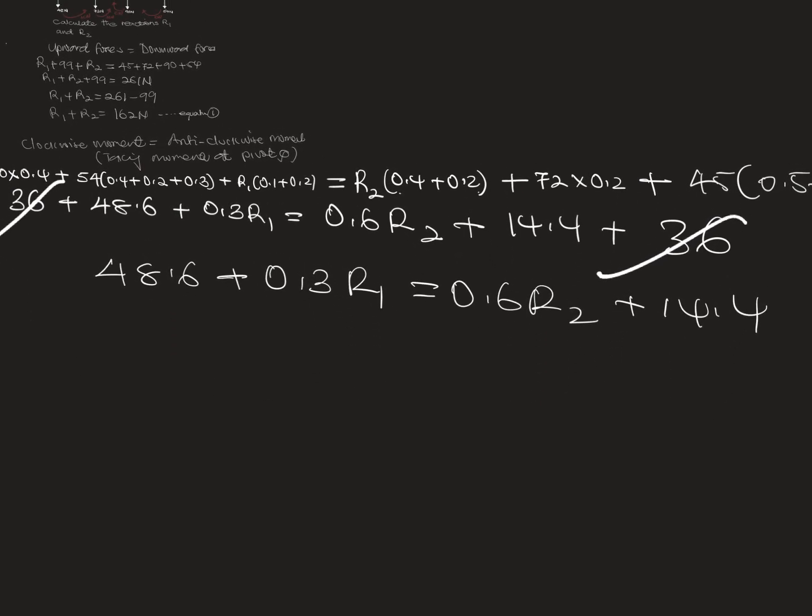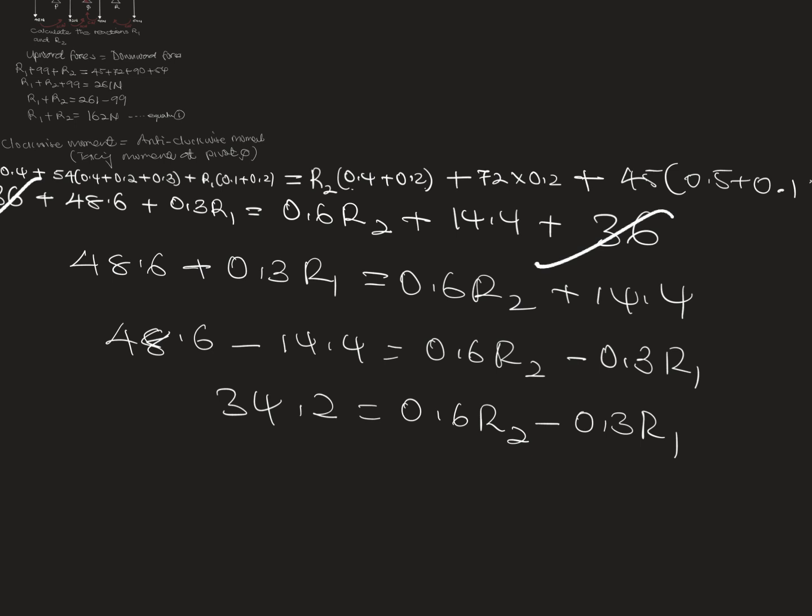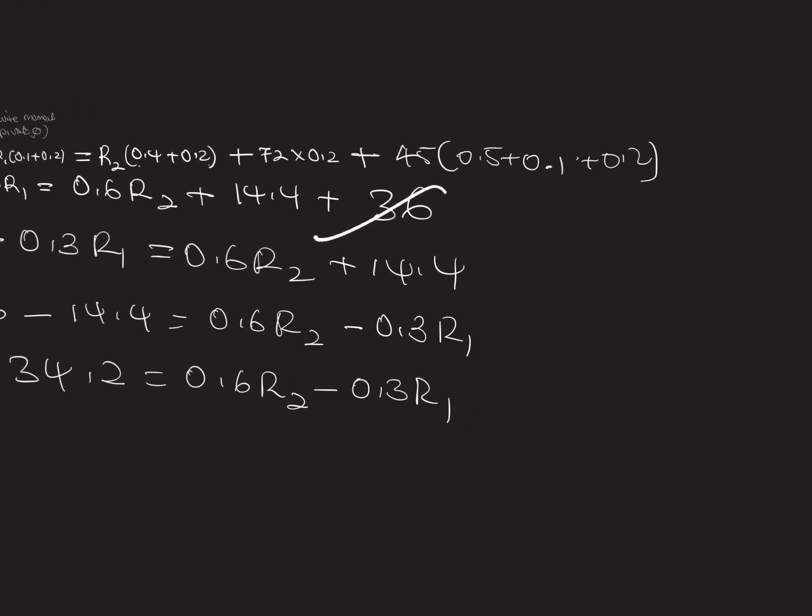Collecting like terms, 48.6 minus 14.4 is equal to 0.6 R2 minus 0.3 R1. 48.6 minus 14.4 is 34.2, which is equal to 0.6 R2 minus 0.3 R1. I can call this equation 2.